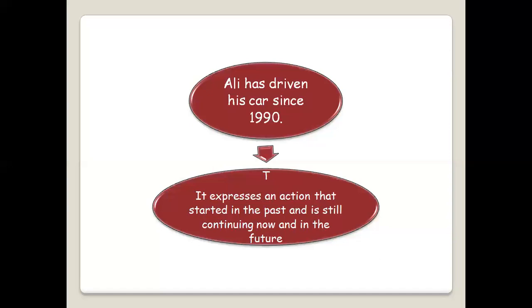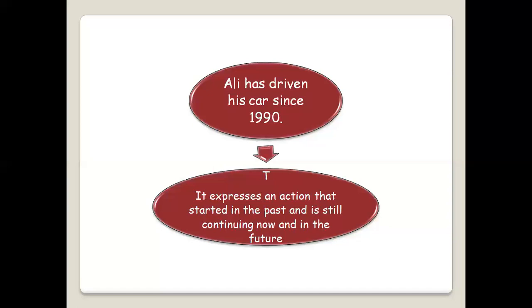Ali has driven his car since 1990, which means that he started driving his car from 1990 and until now, and maybe for the next year and after the next year, etc. So this is the third usage.